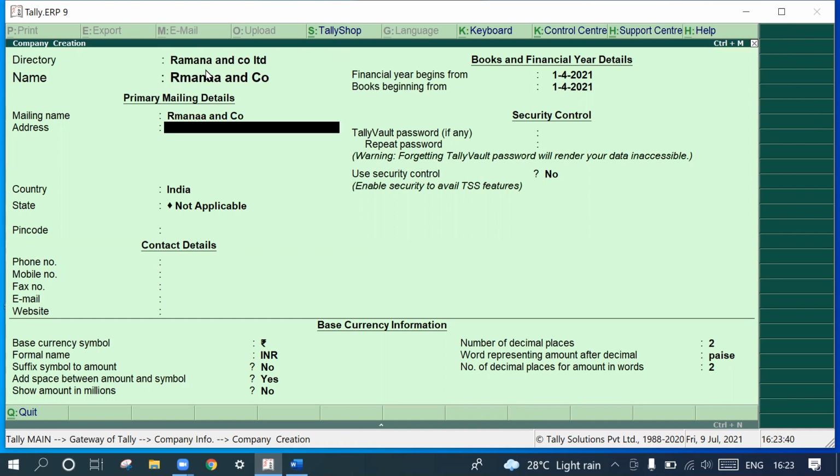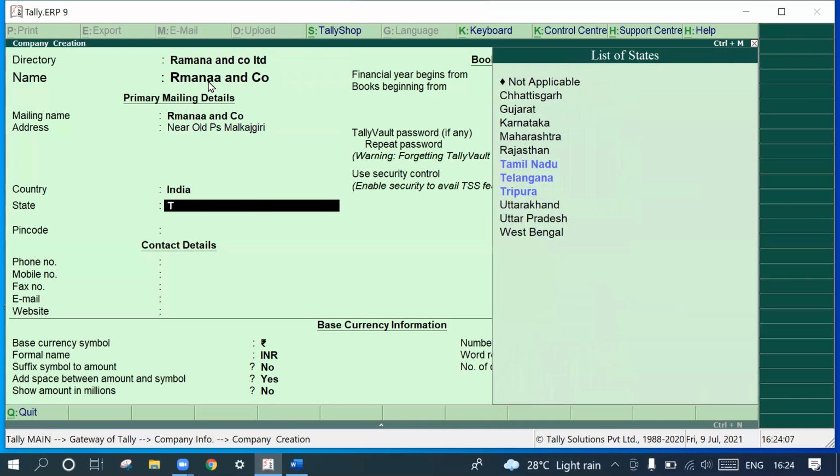Enter. Address is near Medex Road or whatever you want, you write it here. What I'm mentioning here is near old PS, Malkajgiri or near Medex Road. Yes, I am entering Malkajgiri. Enter.